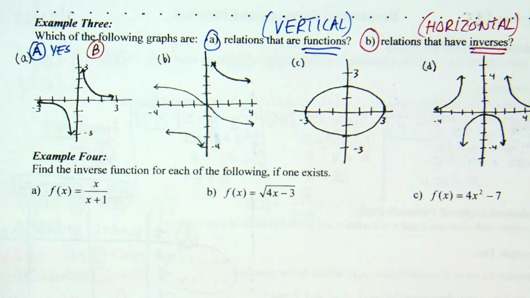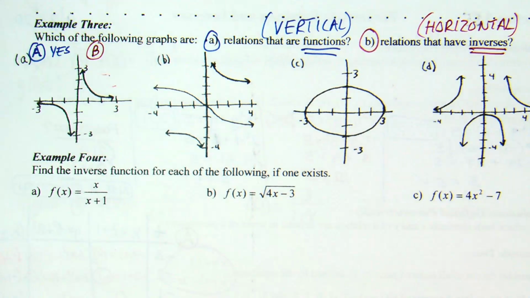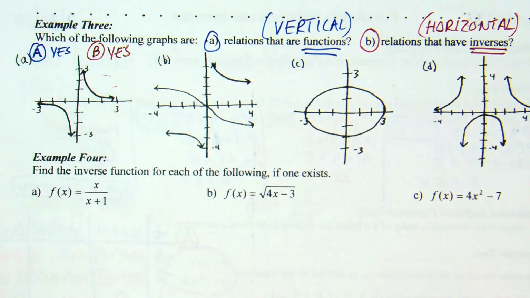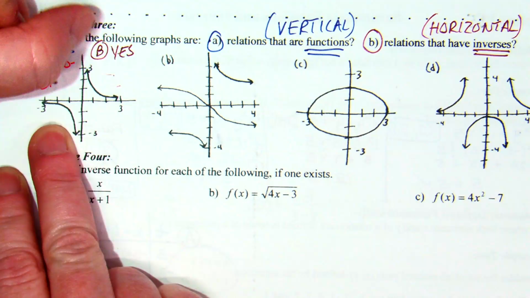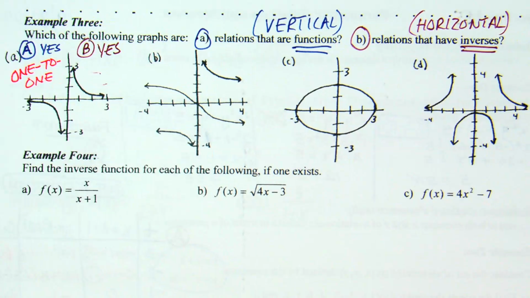Does it pass the horizontal line test? Yes, so it has an inverse. What does that mean about graph A? It means that it is a 1-to-1 function. Did they ask that? No. Are we just talking about it? Yes. We might as well talk about it while it's here.